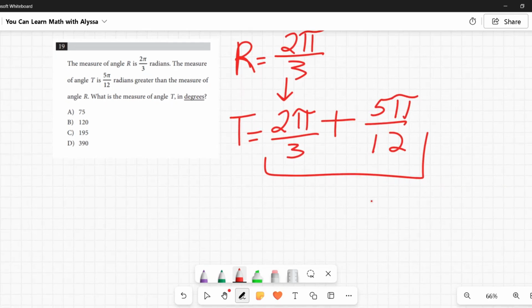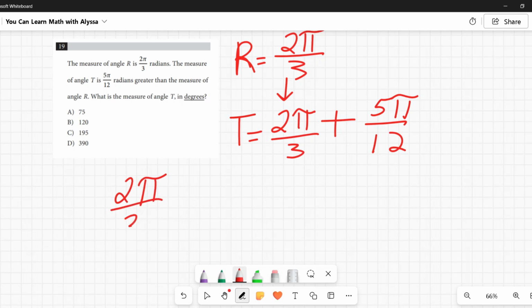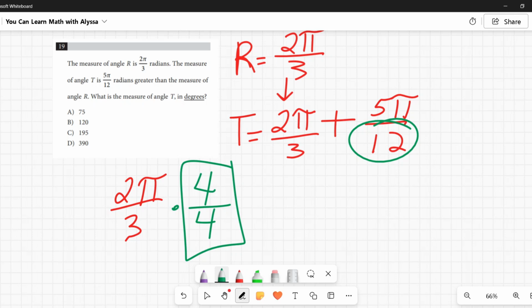I need to have common denominators there. So 2 pi over 3 is thirds. We're treating it as just a plain ordinary fraction. We need to convert it to twelfths so we can add them. So 3 times what equals 12? That's 4. To convert a fraction, we multiply by the same number top and bottom. We can do that because 4 over 4 is 1, and if I multiply something by 1, it doesn't change it.